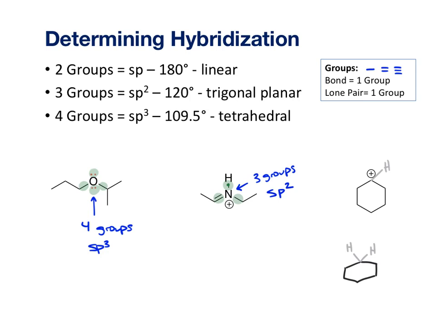So when we go to count the groups, we have 1 bond, 2 bonds, 3 bonds. There's no lone pair there because the carbocation is void of electrons. So that carbon is electron deficient. It has less than an octet. 3 groups. That carbon is sp2.